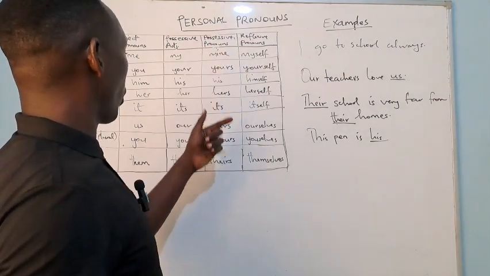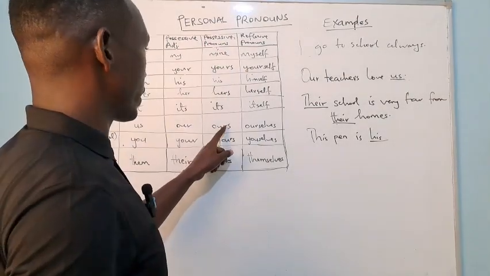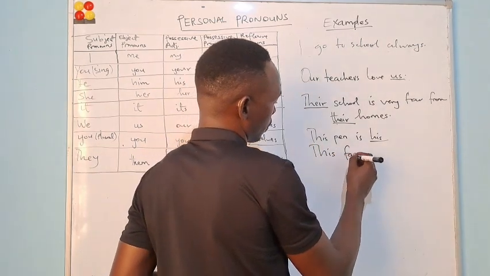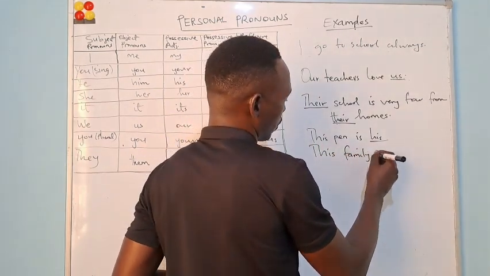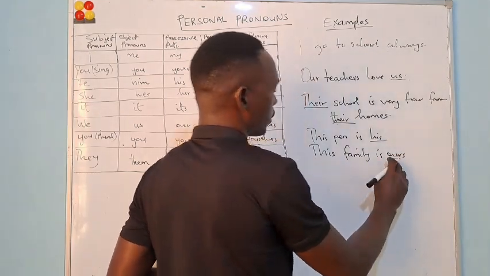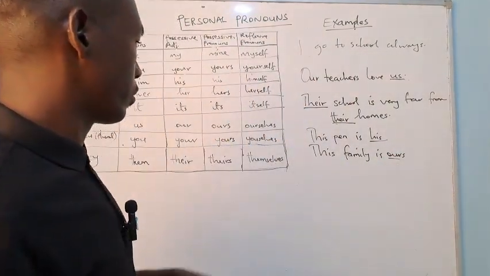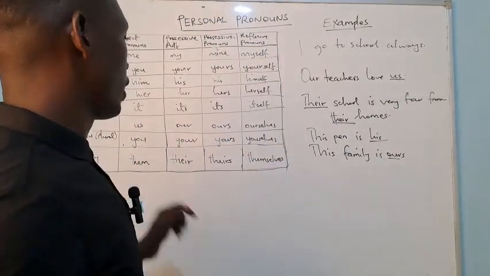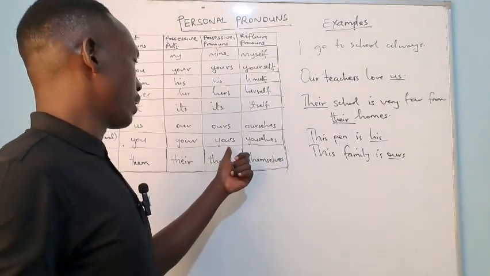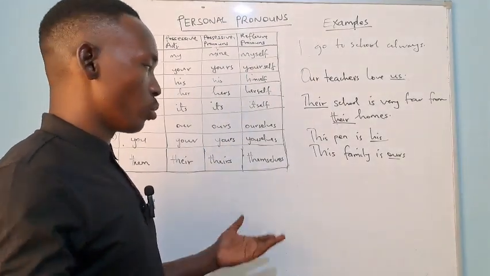And the possessive pronoun for we is ours. Okay, this family is ours. This is a possessive pronoun for we. Okay, you plural, same thing. This house is yours.